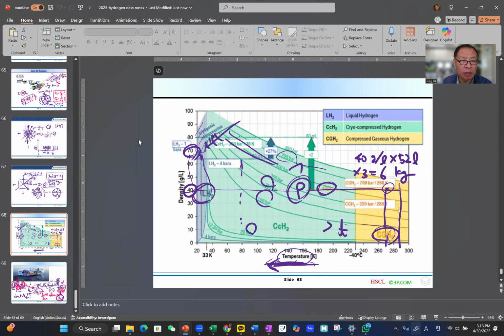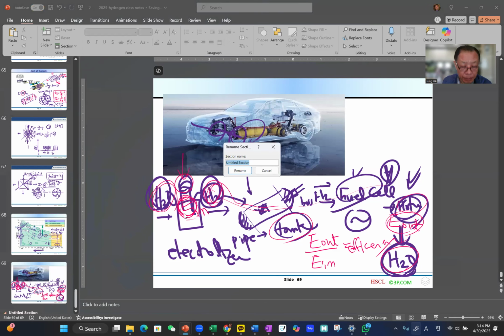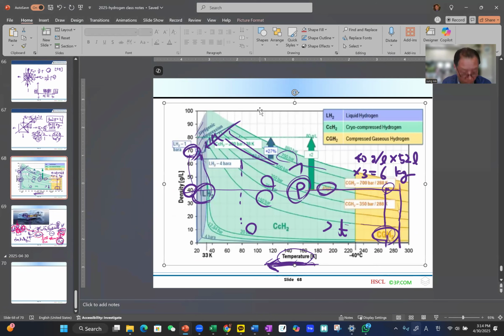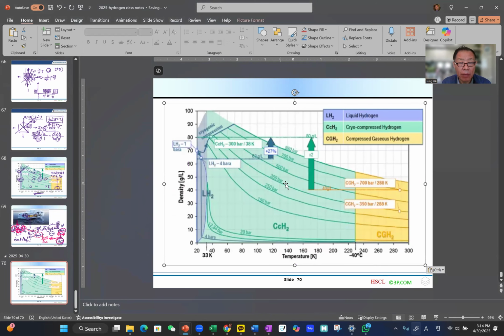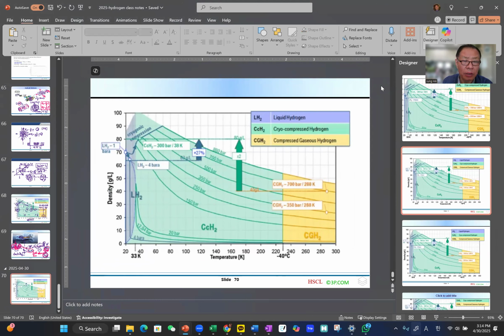So I hope that this should be very clear to you. Well, again, this can be very easily found from the internet, but I really hope that you can draw this diagram yourself, indicating how the density is changing along with the temperature and pressure.